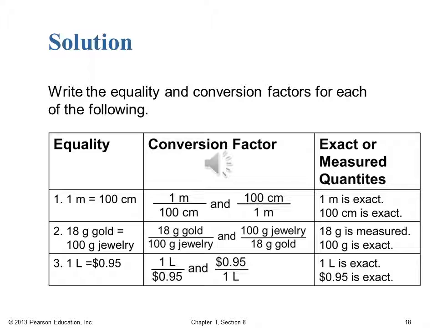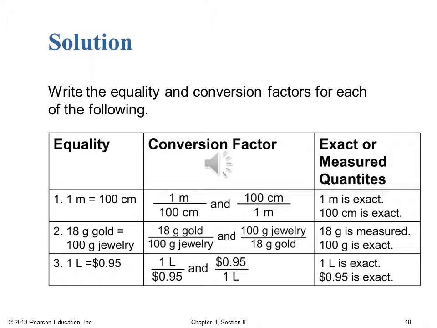We look at number 2, 18 grams of gold equals 100 total grams of jewelry, and we could either have the 18 grams of gold in the numerator with the 100 grams of jewelry in the denominator, or vice versa. And then finally, we're expecting the 18 grams, because that was what we were provided, to be a measured value, but that would be in exactly 100 grams of sample.